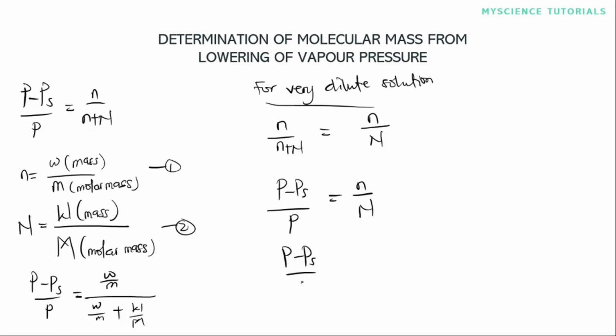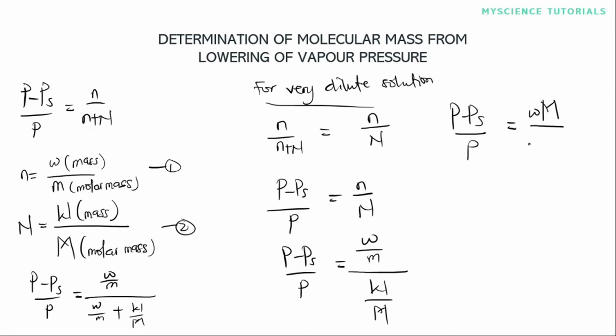P minus PS on P is equal to our small n over here, which is small w over small m, over capital W over capital M. And if we resolve this, we get that our P minus PS on P becomes small w multiplied by capital M over small m multiplied by capital W. So this is the formula that we use for very dilute solutions.